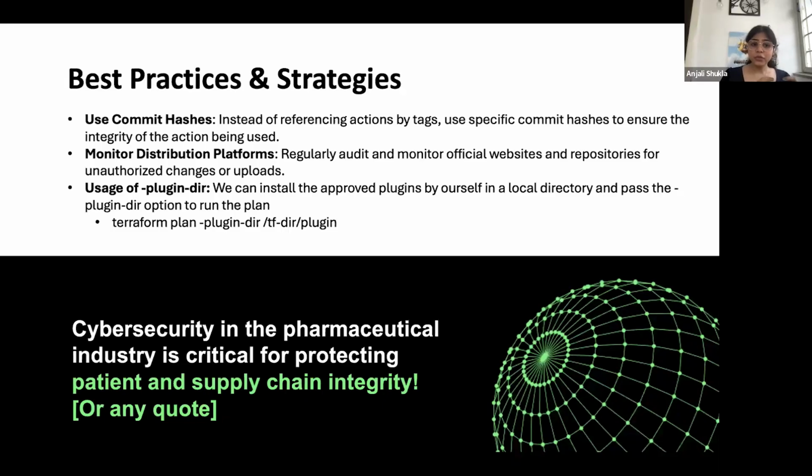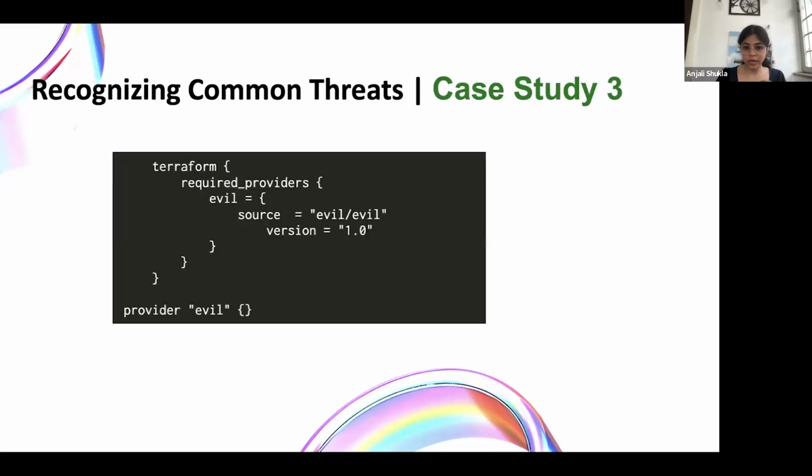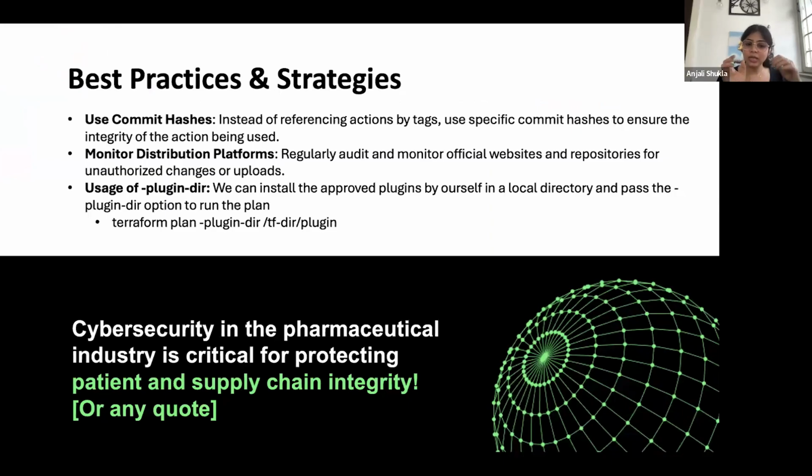Next, we can use commit hashes. I added this practice specifically for GitHub Actions. Here, if you notice, I'm using a tag version. Instead of a tag version, you can use a hash of that commit, so that if there is any change, the SHA will also change, right?